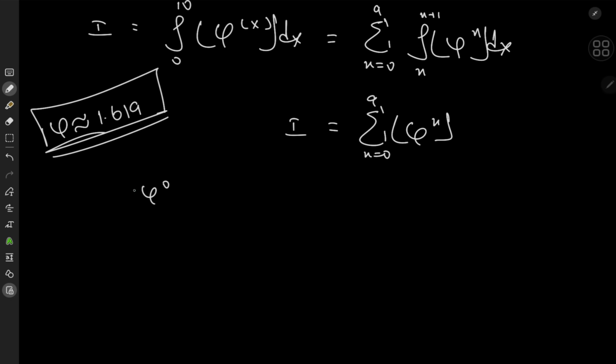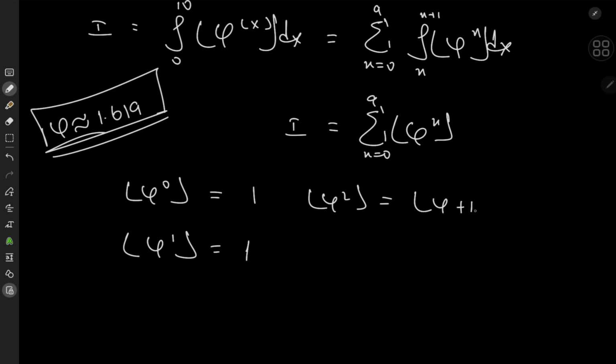So phi to the 0 is just 1. So you get a 1 here. Phi to the 1, the floor function of that would be 1 again. Now phi squared is just phi plus 1. So that's going to be 2.619. So this thing is 2.